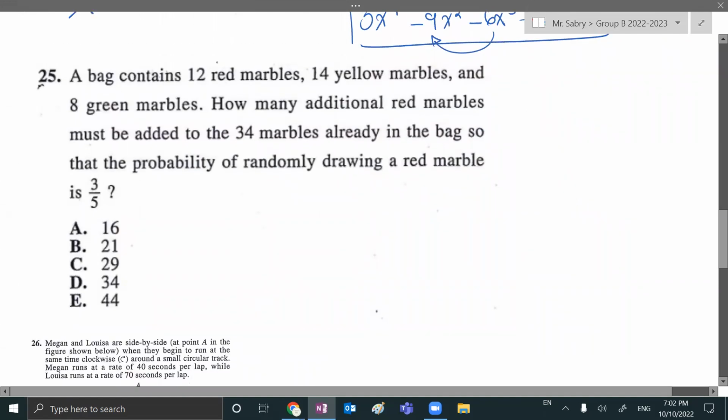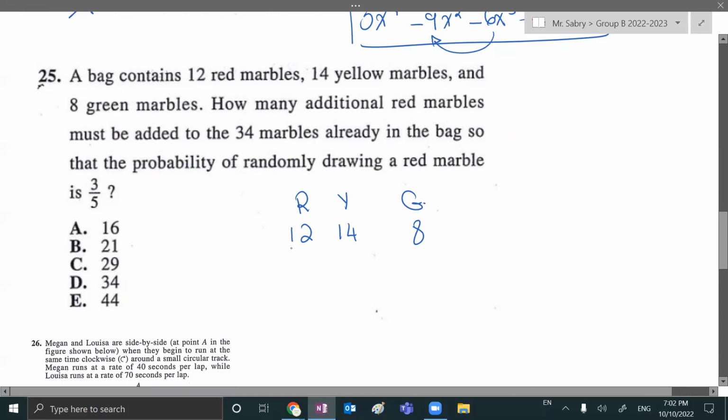A bag contains 12 red, 14 yellow, 8 green. How many additional red marbles must be added to the 34 marbles already in the bag so that the probability of randomly drawing a red marble is 3/5? So I have red, yellow, and green, and I know that the red is 12, the yellow is 14, and the green is 8.